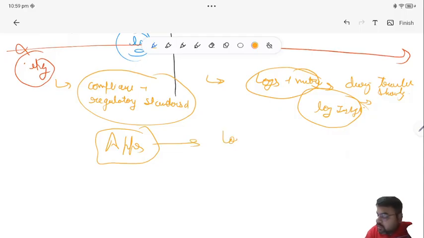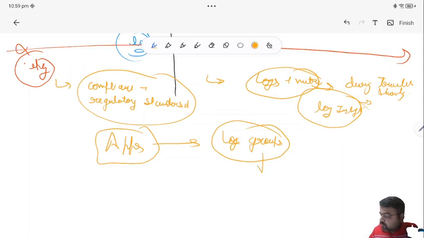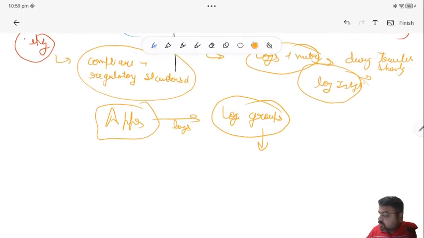So what it means is that applications can directly send the logs to log groups, and using Log Insights we can query the logs.